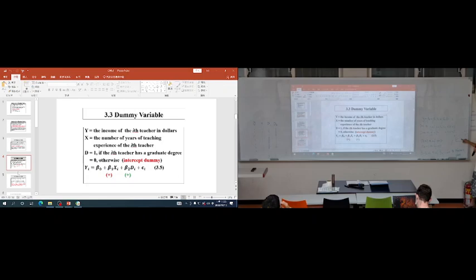Both have different intercepts, and D1 has the higher intercept, right? Then how do you explain the meaning of this beta 1 and beta 2?